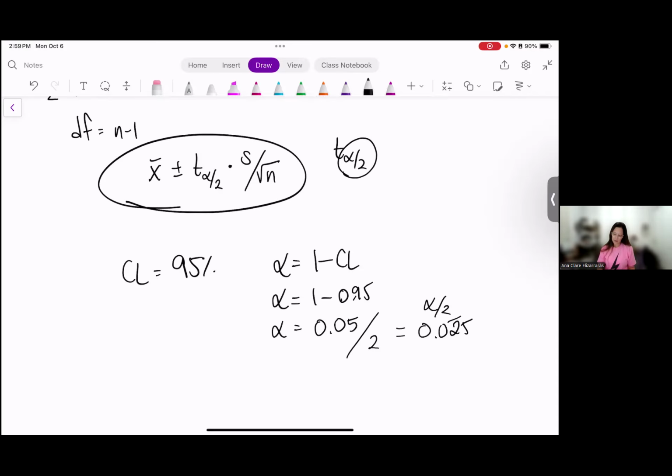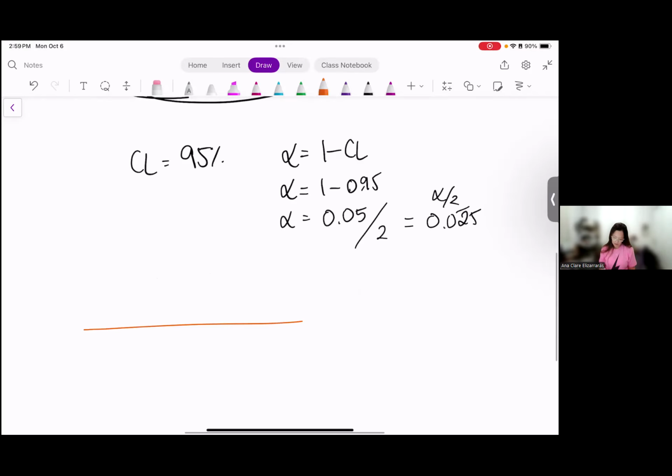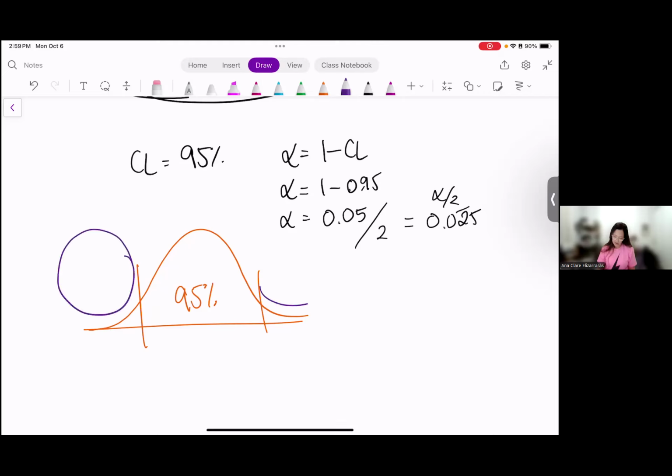The reason why is if I want to be 95% confident, that means that I have area over here and area over here that is not captured. Well, if you capture 95%, how much don't you capture? 5%. And because it's split equally, half of the 5% goes here and half of the 5% goes here.